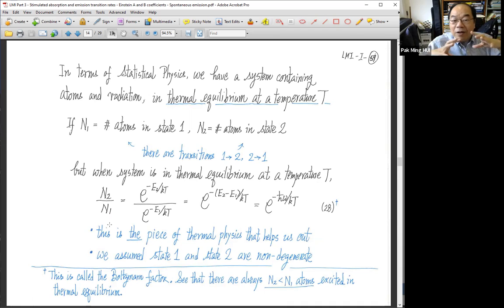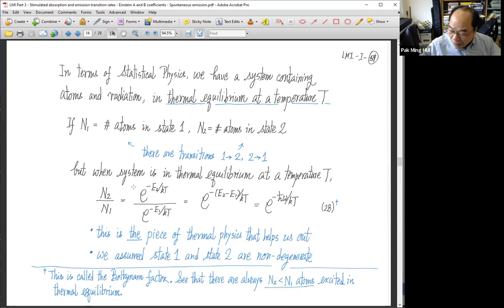Because it is in thermal equilibrium at a temperature T, perhaps the most important idea in statistical physics is the following.